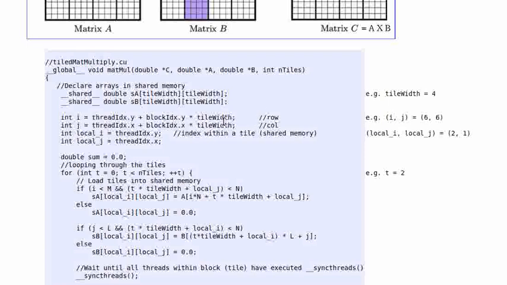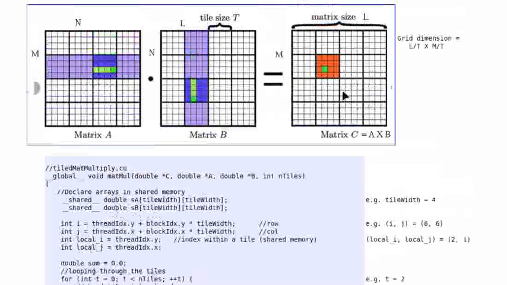The tile width is basically the block size. So for example here, for this green element, the i, j is 6, 6. So this is in block 1, 1.